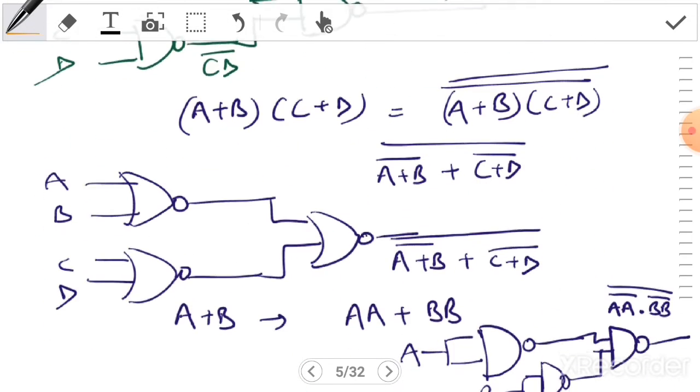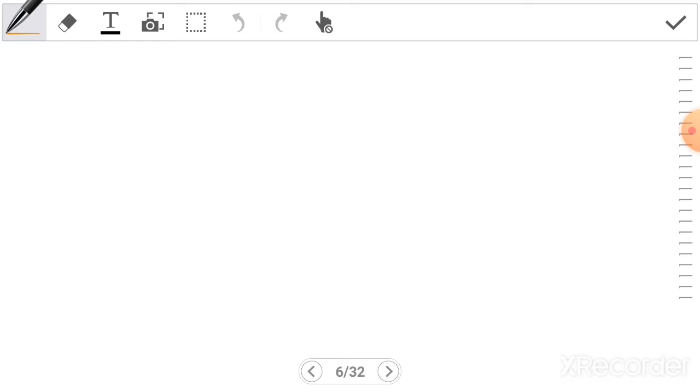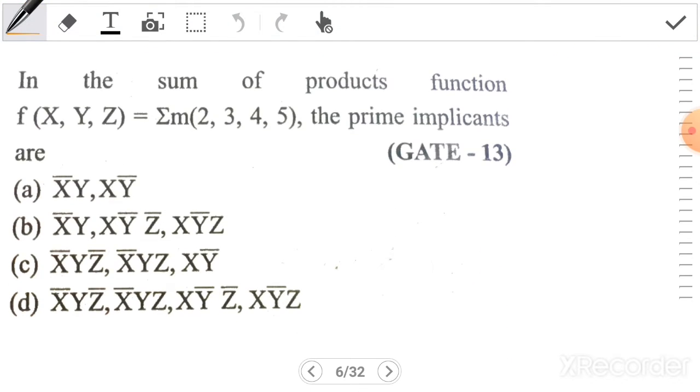Okay, let us go to the next problem. In the sum of product function, the prime implicants are. So we are given sum of product minterms. Let us construct the K-map.